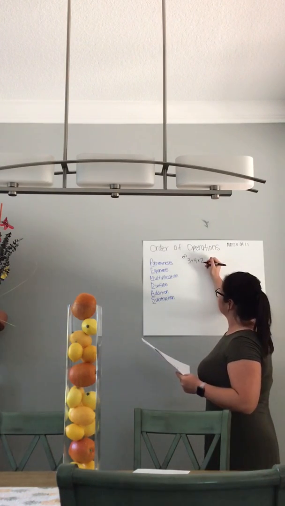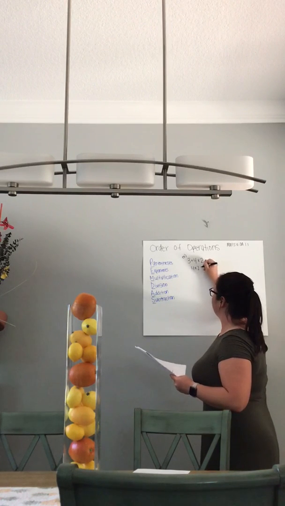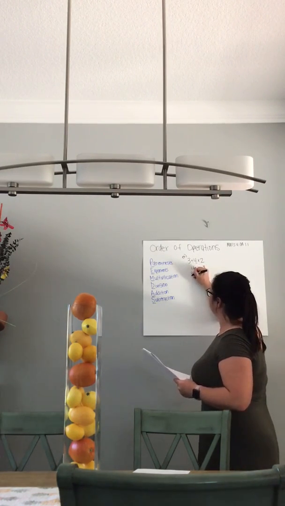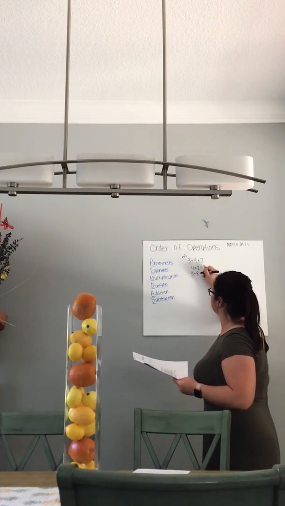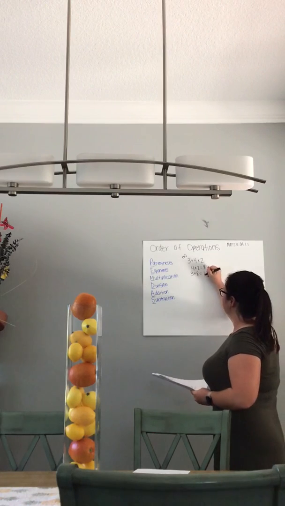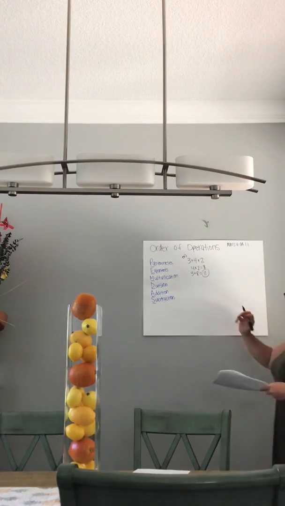So first, I'm going to do 4 times 2. And that gives me 8. I'm going to go ahead and rewrite the problem. 3 plus 8, and then I'm going to solve for addition, and that gives me 11. So therefore, my answer is 11. Seems pretty simple, right?